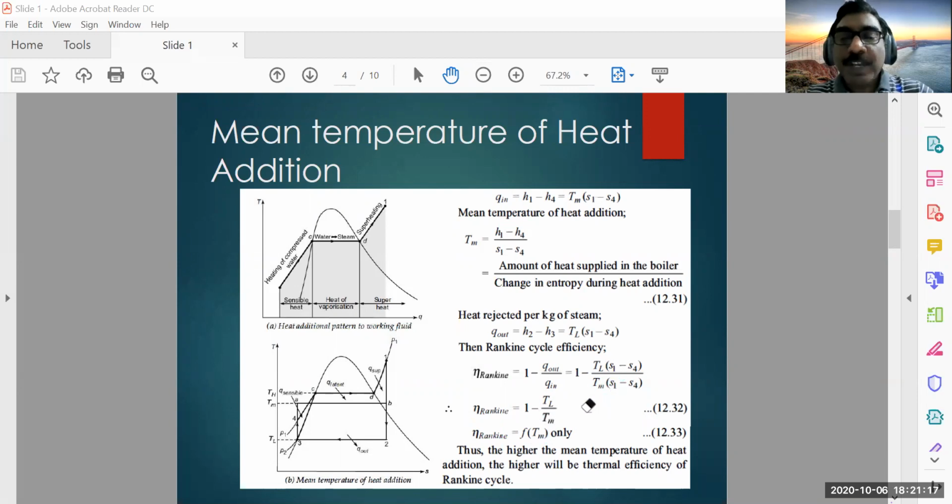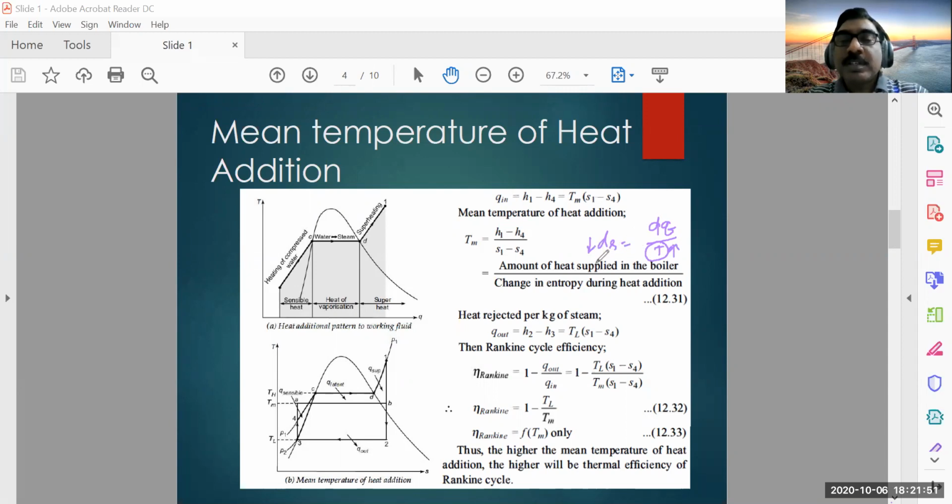Because the amount of heat added may be the same, but if you are adding that heat at a higher temperature, the entropy change will be decreased. What is the equation of entropy? ds is equal to dq by T. So the temperature is in the denominator, and if it is increased, the entropy will decrease, so the difference in the entropy will decrease.